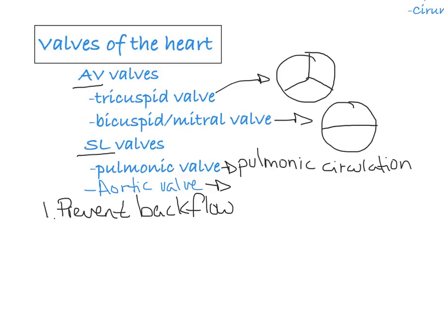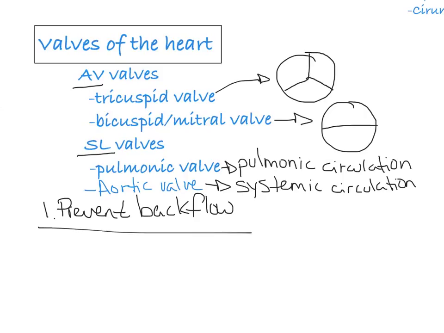Okay, the aortic valve is going to open up into the systemic circulation. So once the left ventricle here pumps blood, it's going to go through the aortic valve and into the systemic circulation and then on into all of the body's tissues. Okay, so those are the valves of the heart written out. We're going to see them in just a bit, but please remember their function is to prevent backflow.